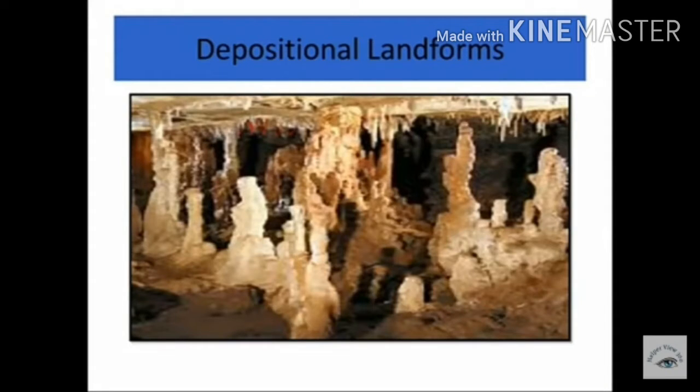The depositional landforms of the Karst topography are formed from the dissolution of soluble rocks such as limestone, dolomite and gypsum. It is characterized by an underground drainage system with sinkholes and caves.